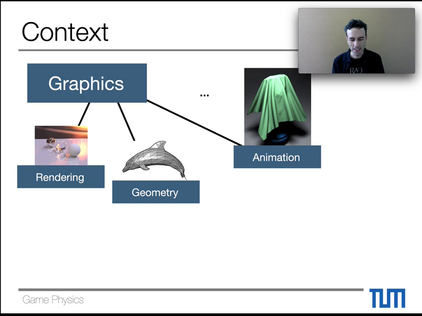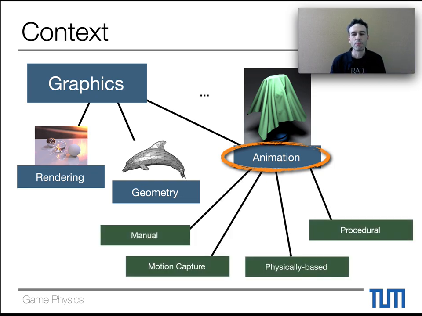What we'll be dealing with is animation, so meaning we're interested in not only some static geometry, but in how things actually change and move over time. Drilling further down, there's a variety of different ways to approach that, from manual specification of motions to mocap.